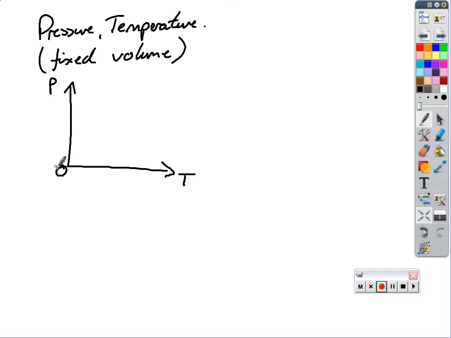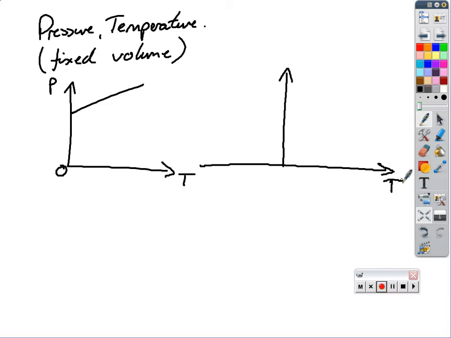And then your graph looks like this on the top. You should have this from last day. What we're interested in is figuring out where that line goes to. This line was up here somewhere, and we can extend it all the way back to a point way back here somewhere. Now that point way back there happens to be minus 273 degrees Celsius.